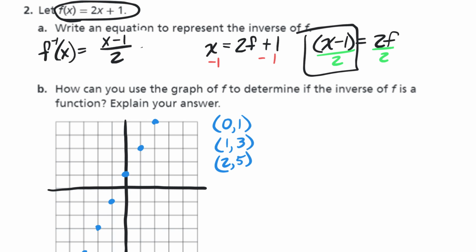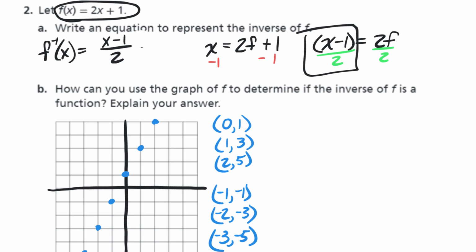We have an ordered pair at -1, -1. We have an ordered pair at -2, -3. And then lastly, we have an ordered pair at -3, -5.